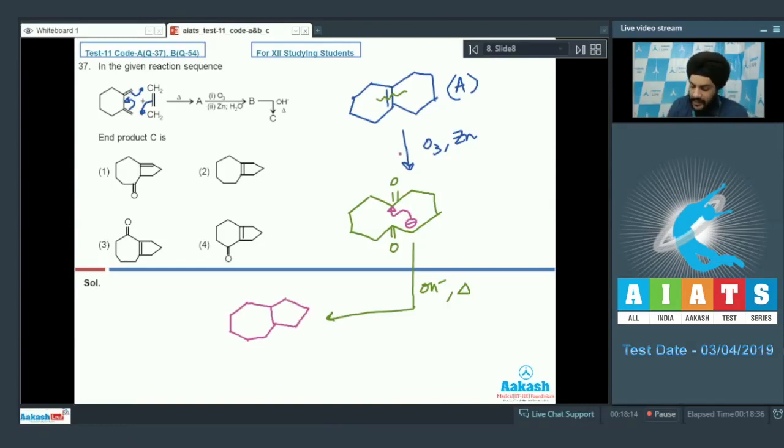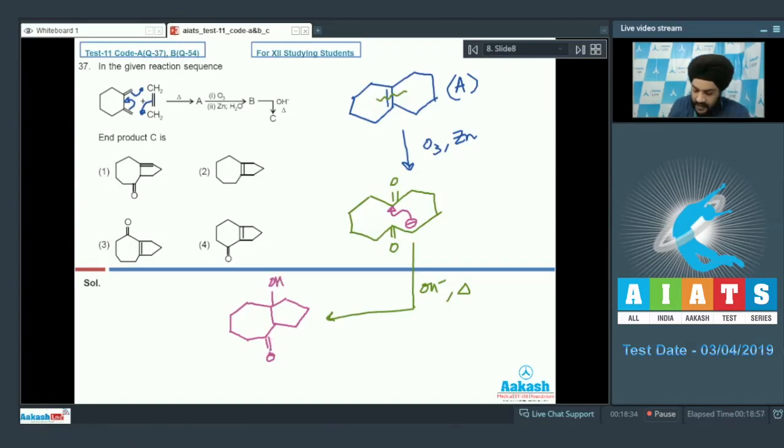So earlier we had 2 6-membered rings. Now we have a 7-membered along with a 5-membered ring. And if we talk about the location of the double bond O and the OH group, we can see that the double bond O shall be over here, whereas the OH group shall be here.